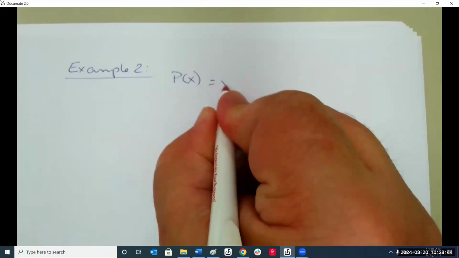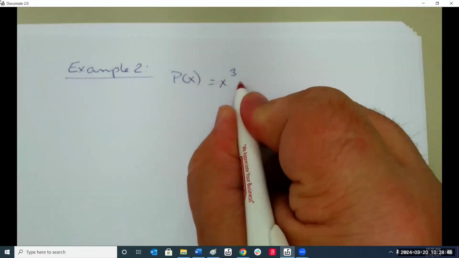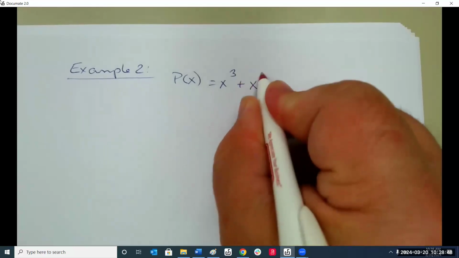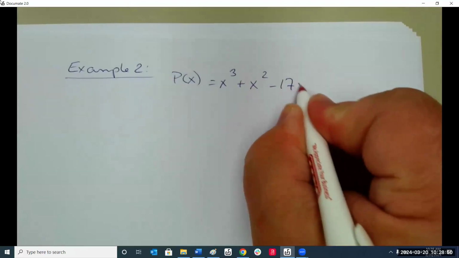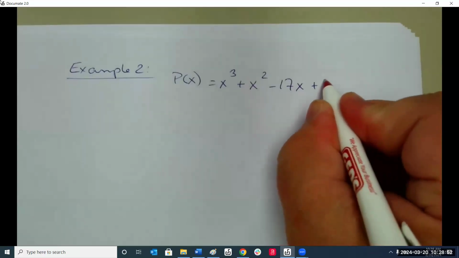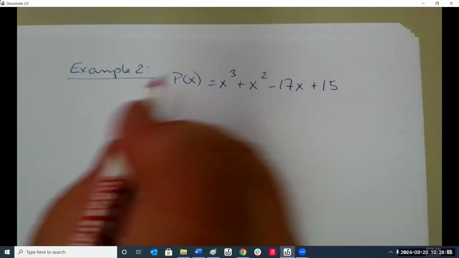And then, okay, let's look at example 2. Consider the polynomial x cubed plus x squared minus 17x plus 15.